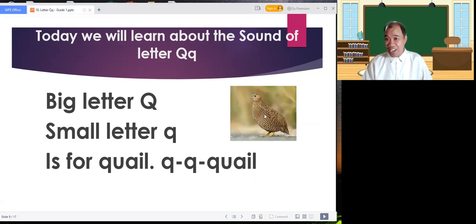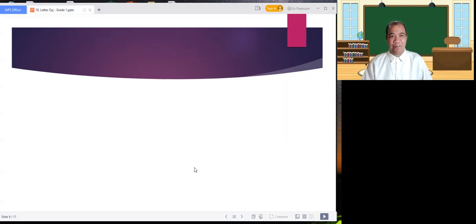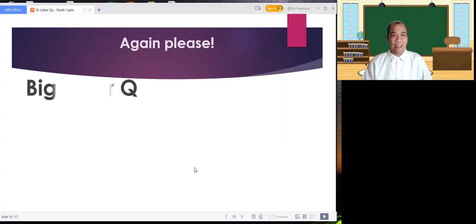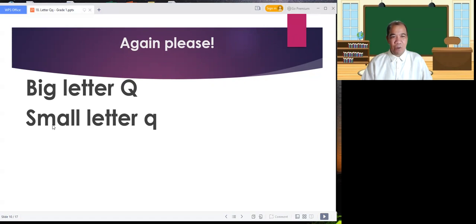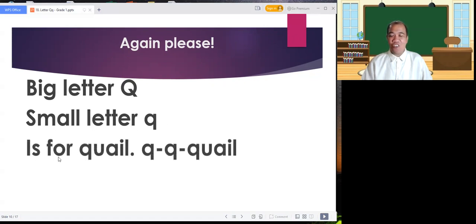So this is a quail, okay? So the sound of letter Q here is k, k, quail, quail. Okay, let's repeat. Big letter Q, small letter Q is for quail, qu, qu, quail.